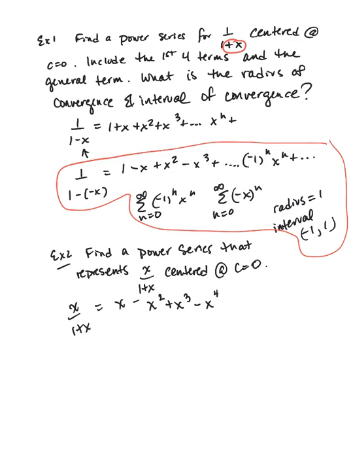But now look at what's happening. I only want the first 4 non-zero terms. The even terms are now negative. We still have our alternator, but now this is x to the n plus 1. That's the difference. So if you want to write this out with series notation, you'd have n equals 0 to infinity of negative 1 to the n times x to the n plus 1.